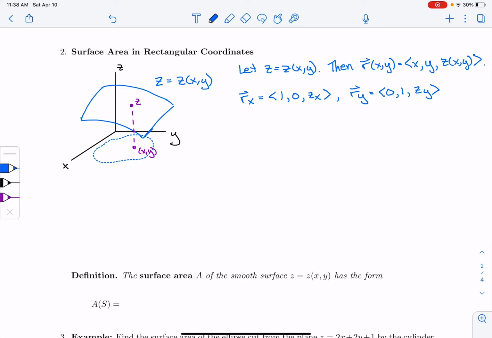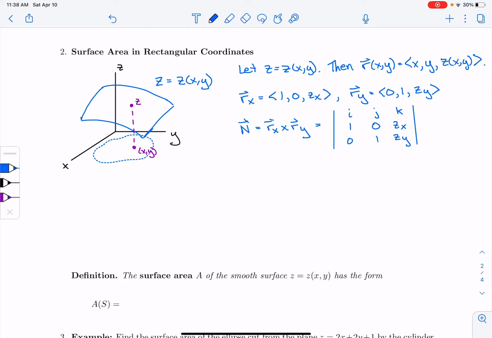So the normal vector in that case is r sub x cross r sub y. That's going to be the cross product of the two vectors (1, 0, z sub x) and (0, 1, z sub y).